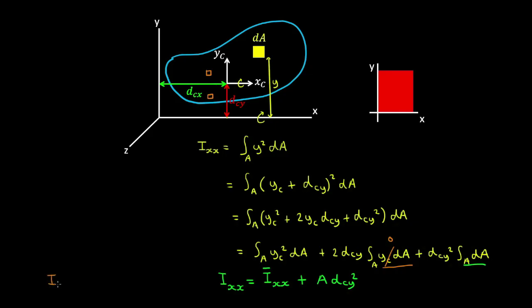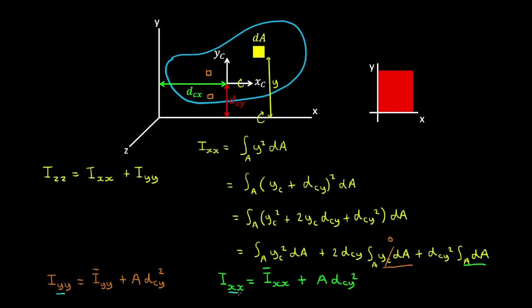And we have a similar expression for the second moment of area about the y-axis, using the second moment of area about the y-axis of the centroid, plus the area times the distance between the centroidal y-axis and the y-axis where we're taking the moment of inertia, squared. And recall that the polar second moment of area was equal to the second moment of area about the x-axis plus the second moment of area about the y-axis.